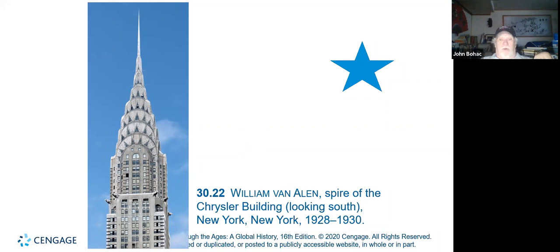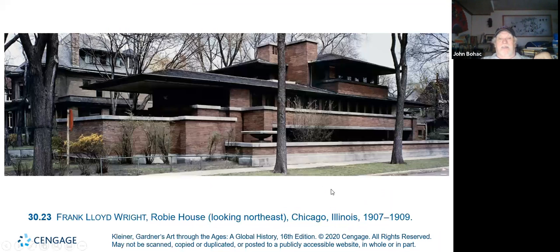It's actually beautiful. And so Frank Lloyd Wright, Robie House. Frank Lloyd Wright does a lot of work. He is what they call the prairie style architect, and he makes houses, and there's some in the St. Louis area too.